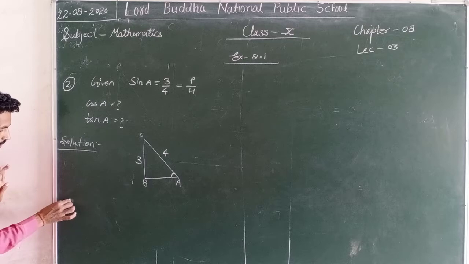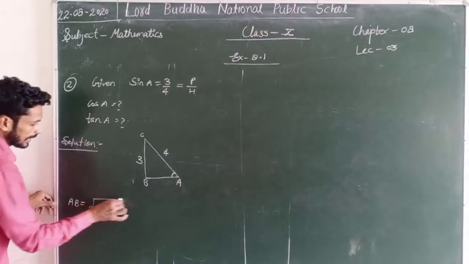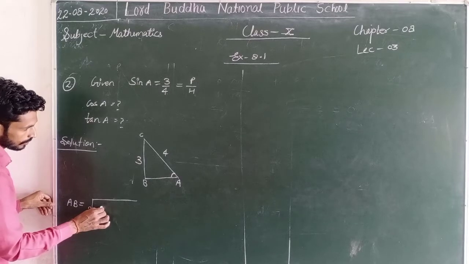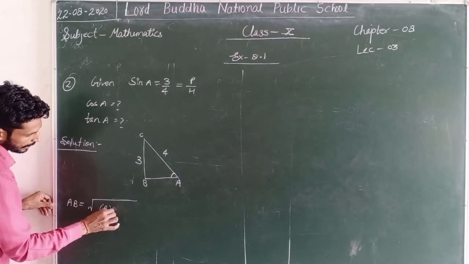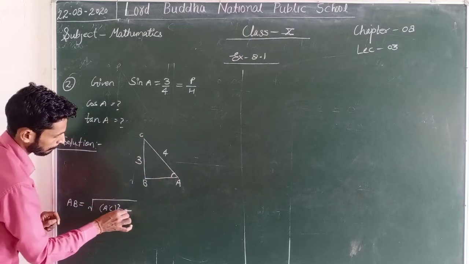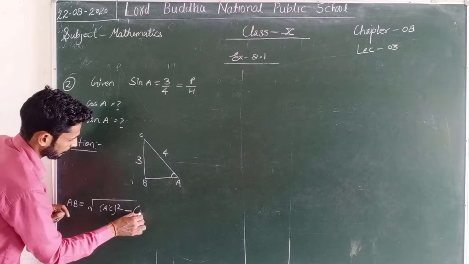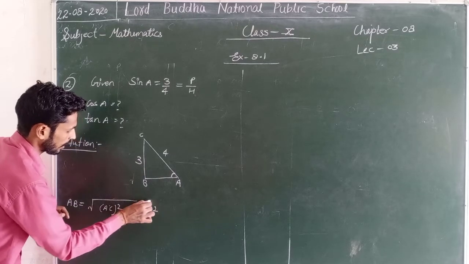Now AB equals square root of AC square, that is the hypotenuse, minus perpendicular square, that is BC square.